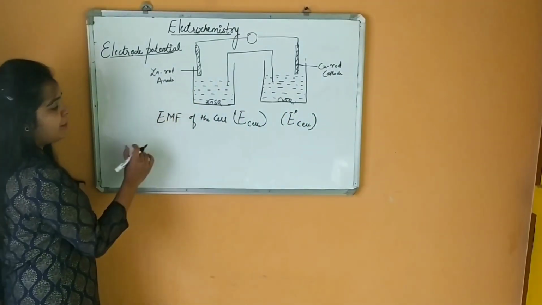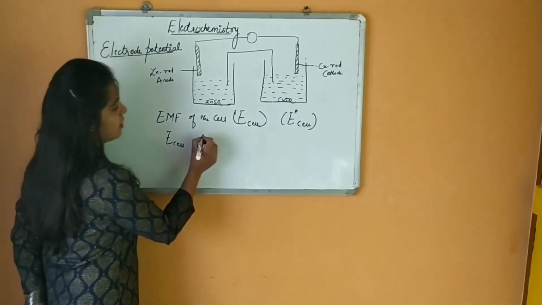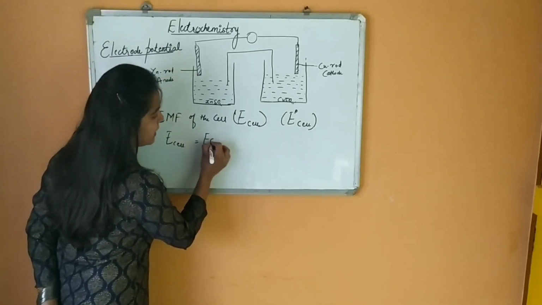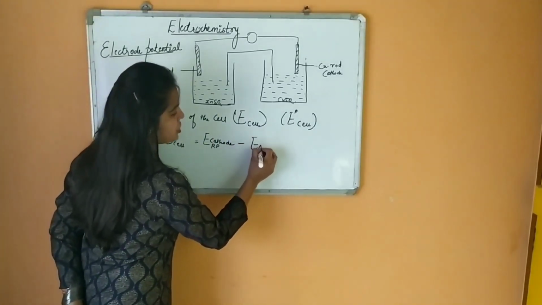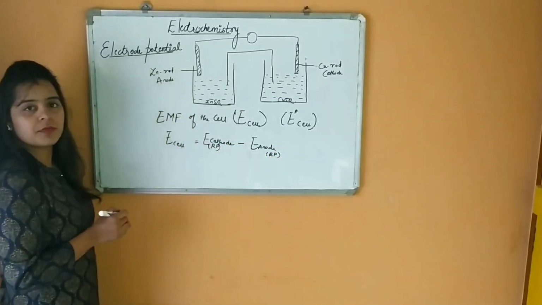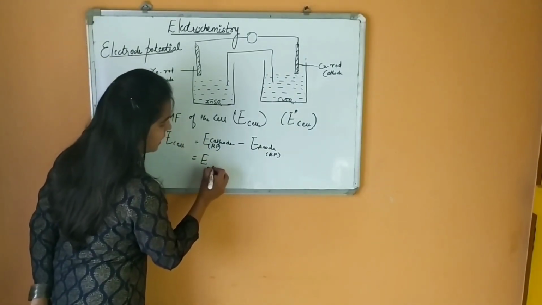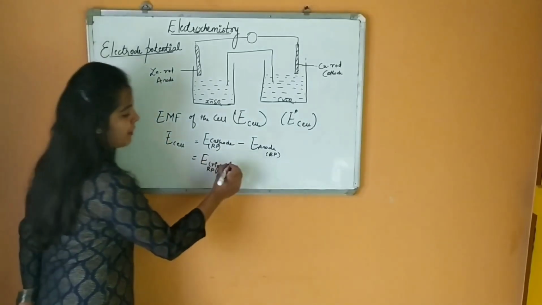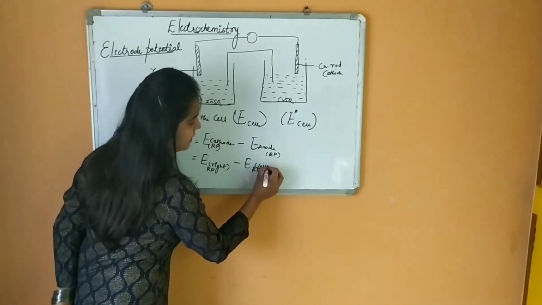So students, EMF of this cell can be given as reduction potential at cathode minus reduction potential at anode, or reduction potential at right half cell minus reduction potential at left half cell.